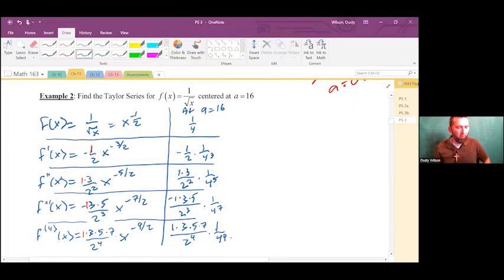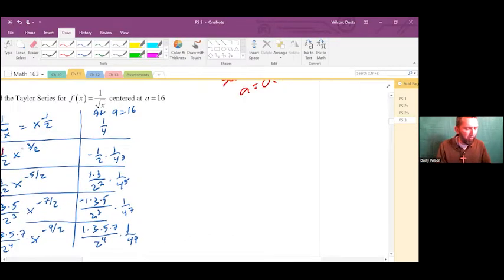Whew. Okay. So if we want to find our Taylor series using all this, remember these values will give us our coefficients. Maybe we'll color code them individually. So let's see if we can put all this stuff together.